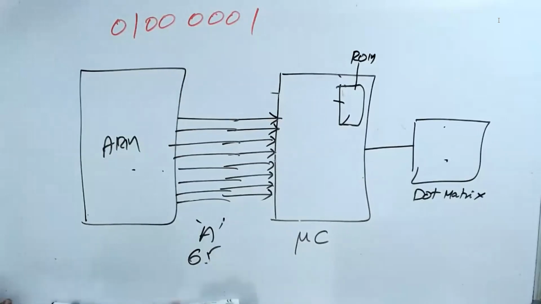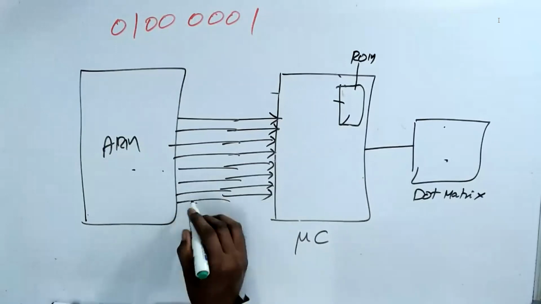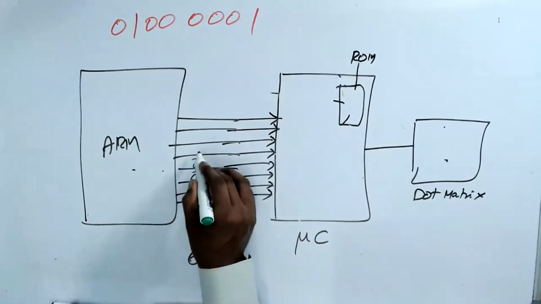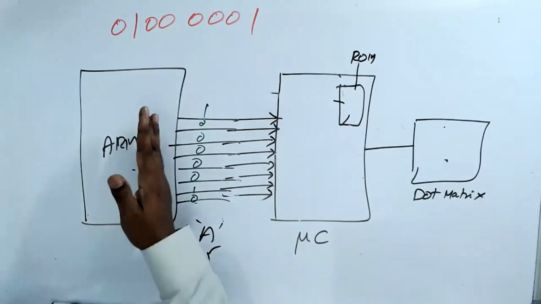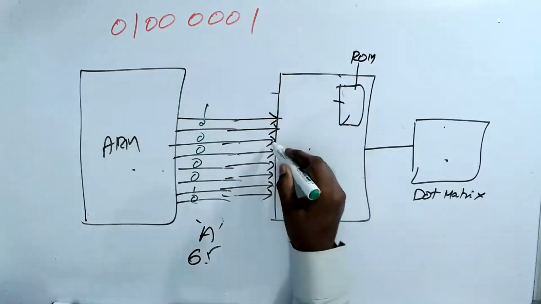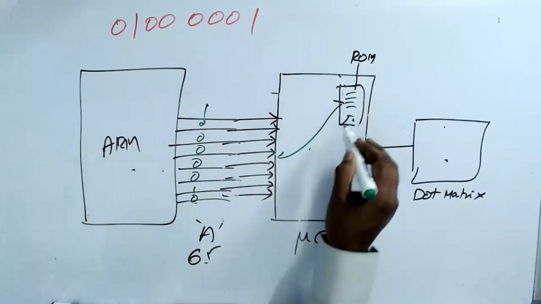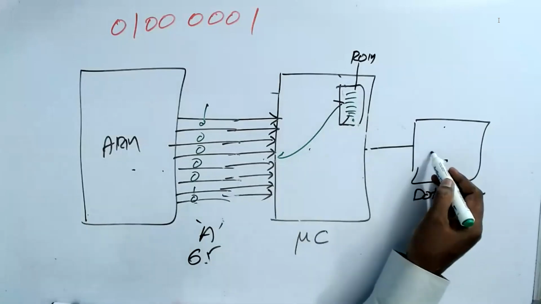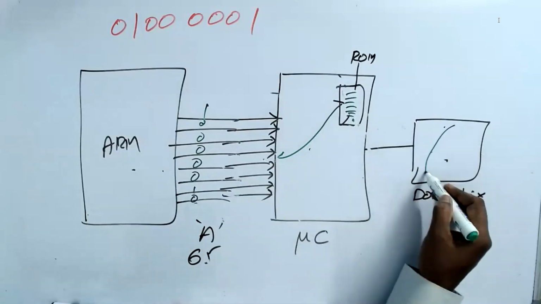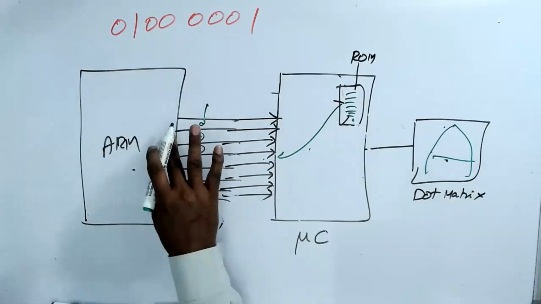So I write here 0, 1, 0, 0, 0, 0, 0, 1. Since you have given this, the code will be read by the ROM, the code that you have written, and it will display A here. I do not have to know anything. Let us say this is a port. Now let me write a program.